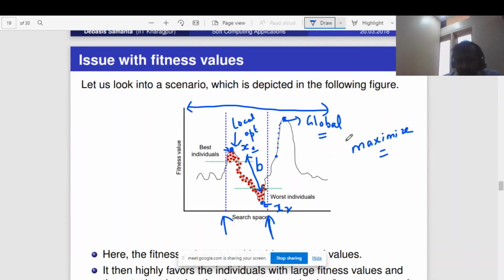B is bigger, right? So B is larger than A, which means that here this range is very high. I mean this point is at the top and this point is at the bottom.